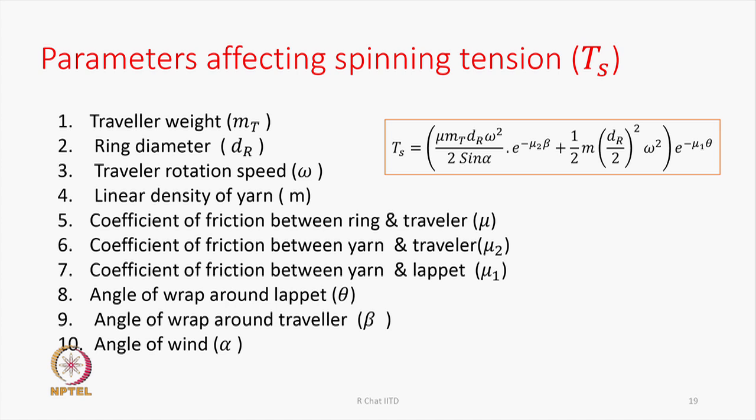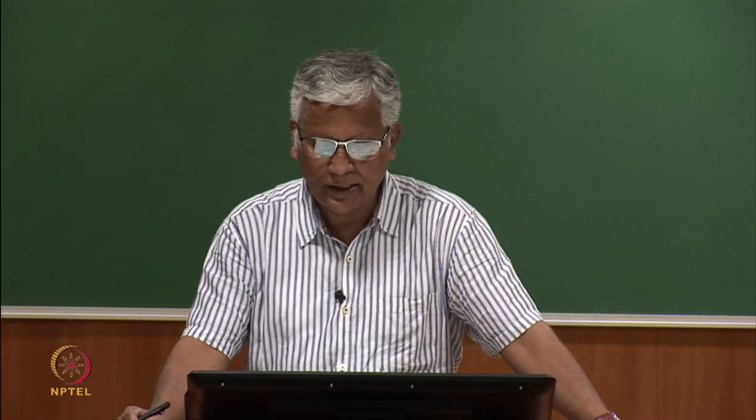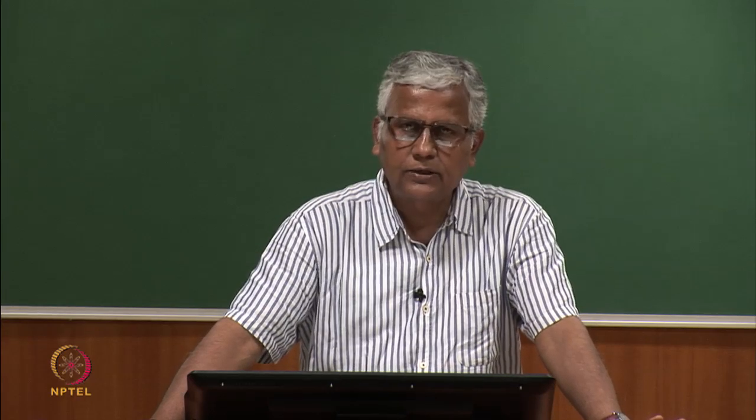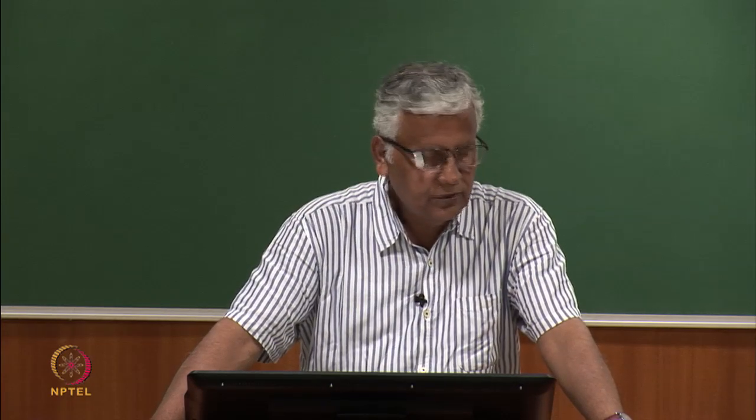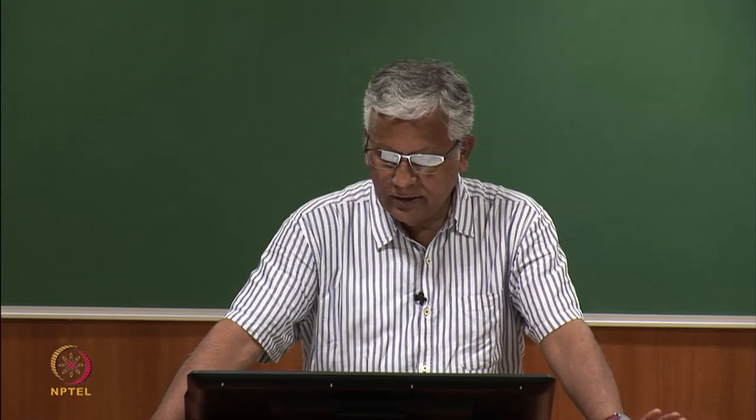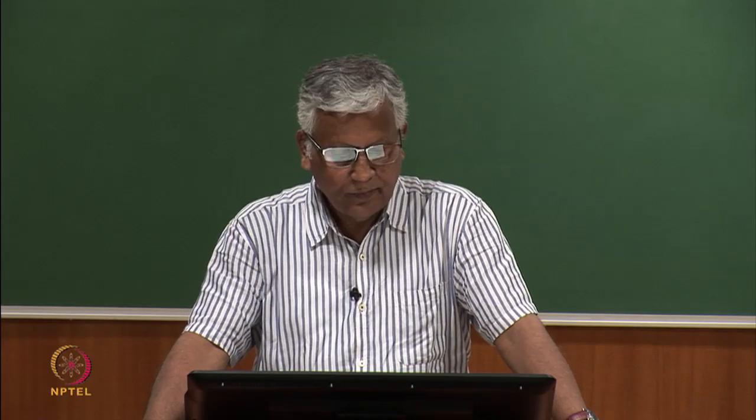How? By always keeping the traveler highly polished, and the lappet guide should also be very much polished, not dirty. We have to keep cleaning it from time to time. The kind of finish given to the traveler and the finish given to the ring are all meant to reduce the values of mu, mu 1 and mu 2, so that we will be able to reduce the tension component in the yarn.